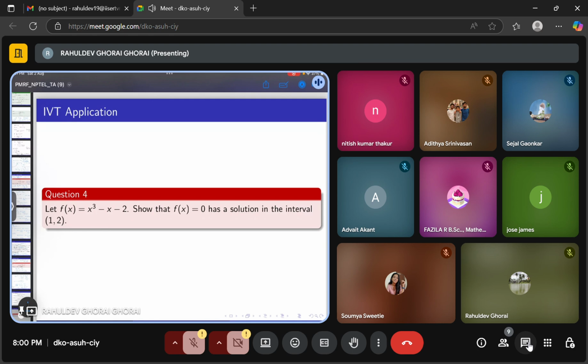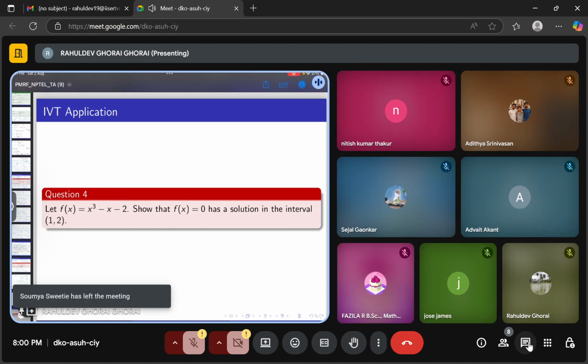See, this intermediate value theorem you have learned, this is one application of it. Very interesting question. f(x) is equal to x cube minus x minus 2, show that f(x) equal to 0 has a solution in the interval 1 to 2. How to do that? Let's say you know only the intermediate value theorem. What is that?